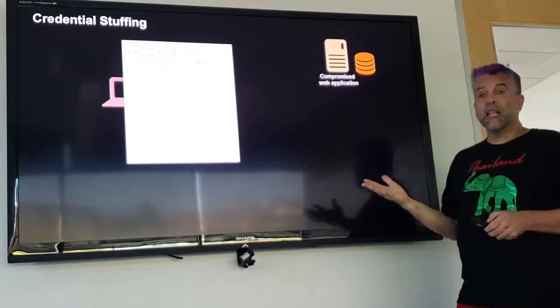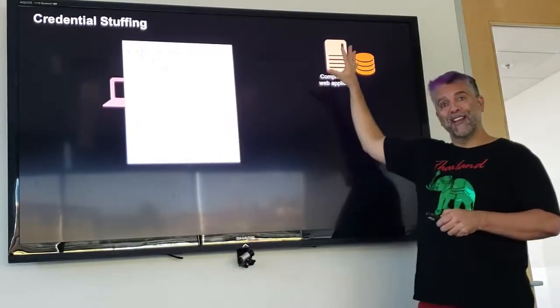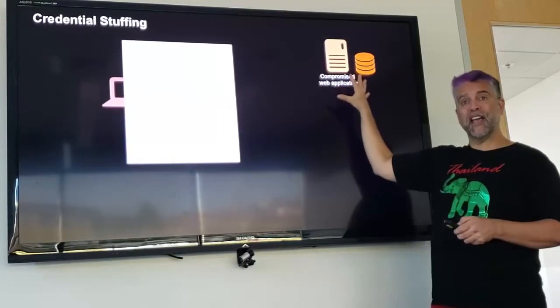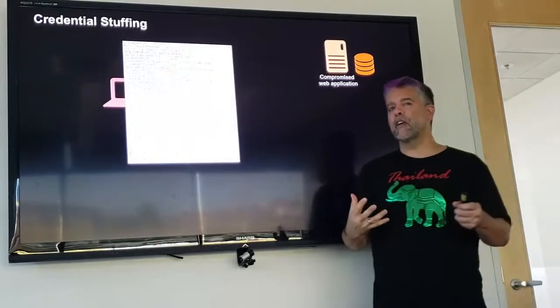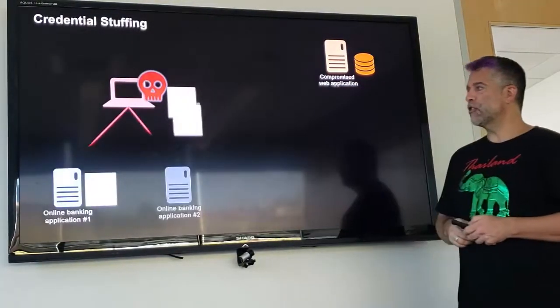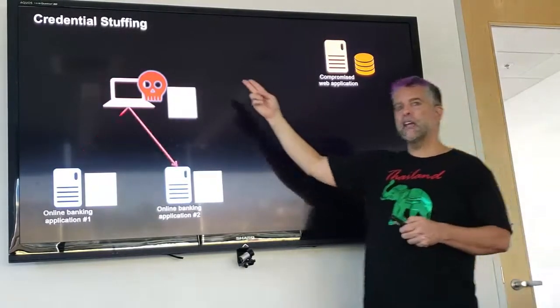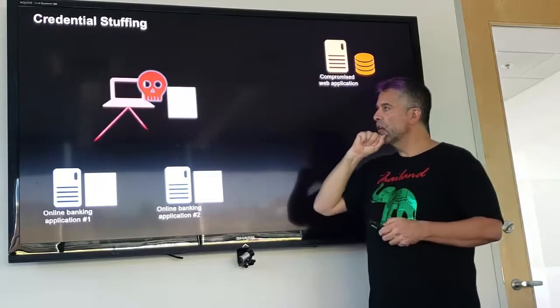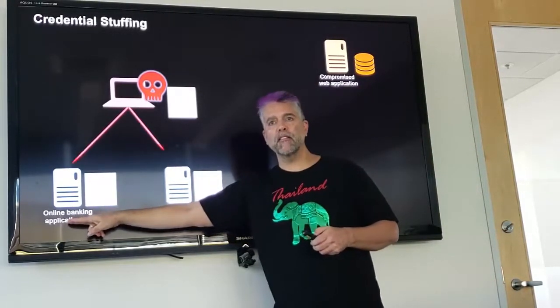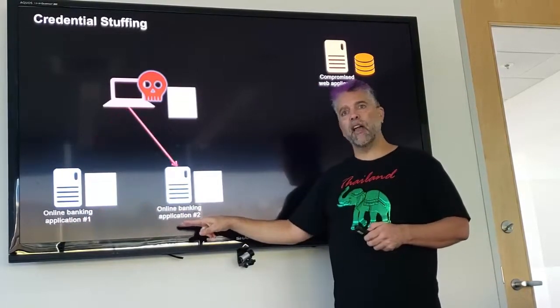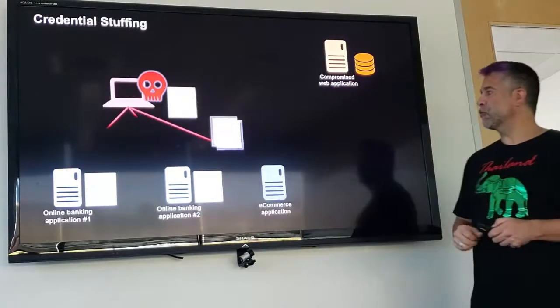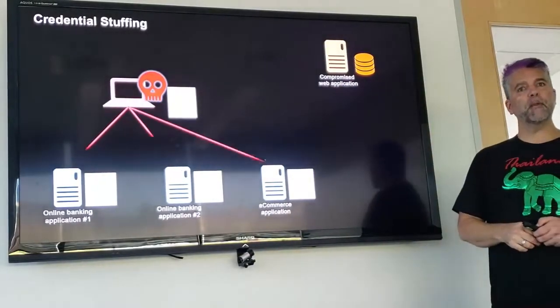Now, that's bad because now the malicious user knows all the usernames and passwords for this site, but that's not their motivation right now. What their motivation is, I wonder if any of these usernames and passwords will work on this online banking site or this online banking site. I wonder if any of these usernames and passwords will work on this e-commerce application.